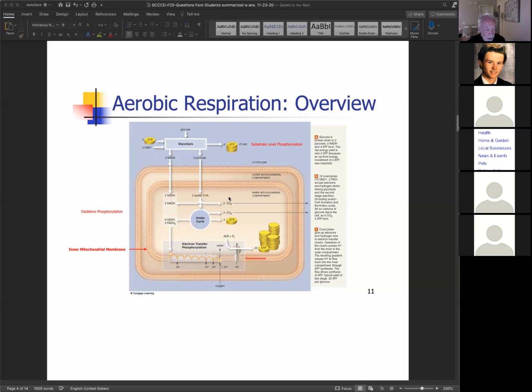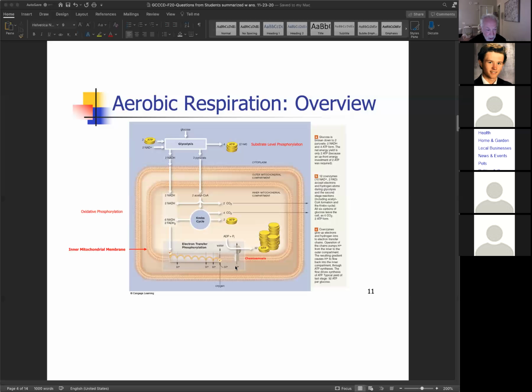These molecules then cross both the outer mitochondrial membrane and the inner mitochondrial membrane. It's the inner membrane where most of the action occurs. The electron carriers go into the electron transport chain within the inner mitochondrial membrane. And just as in photosynthesis, that electron transfer process is coupled to chemiosmosis.